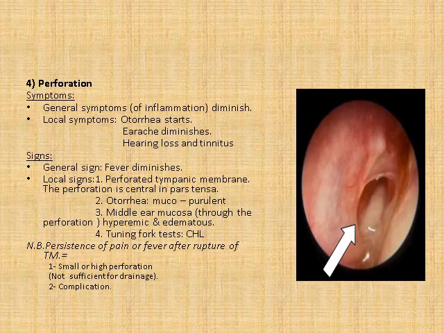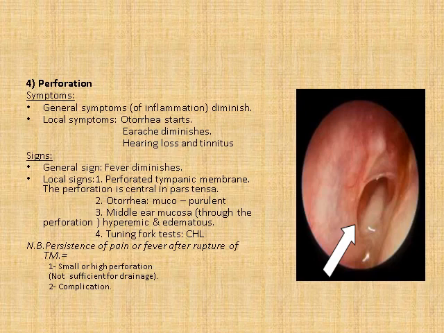This will cause the general symptoms to subside. The fever will subside or diminish. The local symptoms, the otorrhea, the discharge will start, and the earache will disappear because there is no longer throbbing pus inside the middle ear cavity. The hearing loss and tinnitus will still be there.